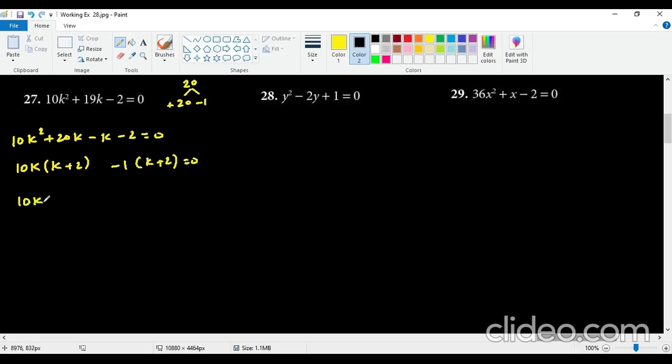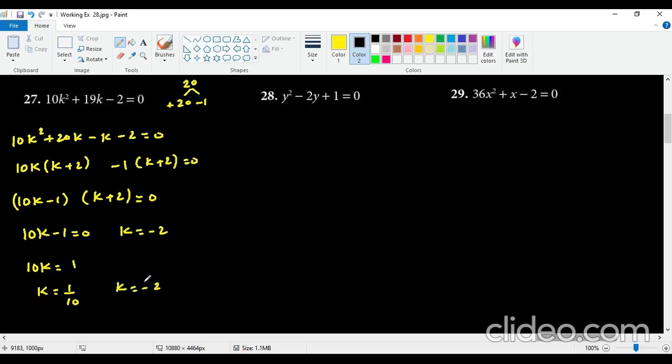In another bracket, we have k plus 2 equals 0 and 10k minus 1 equals 0, and k equals negative 2, and 10k will be equal to positive 1, and the k value is going to be 1 over 10, and the k value is equal to negative 2. These are the two values that we get. So in the answer you can write minus 2 and 1 over 10.